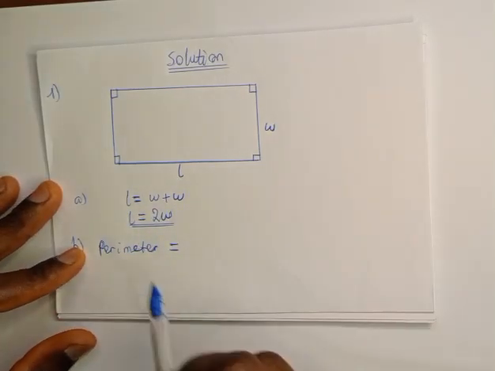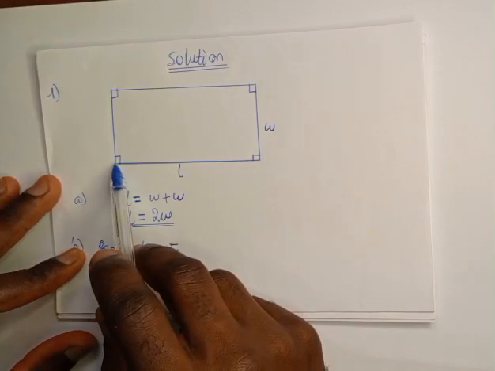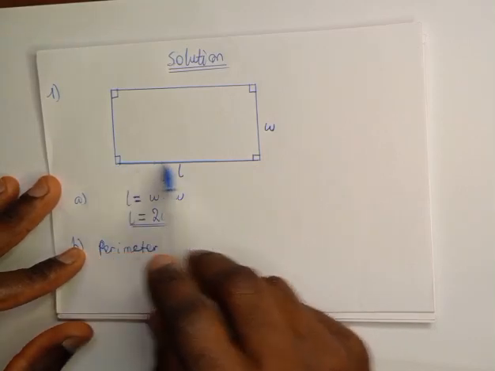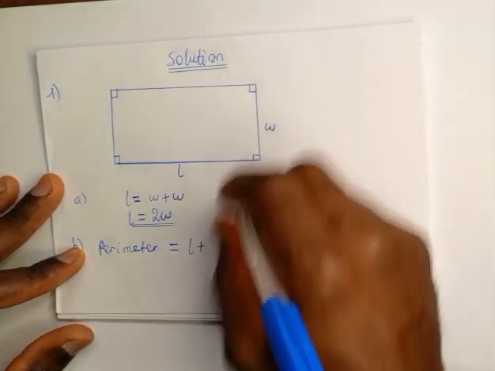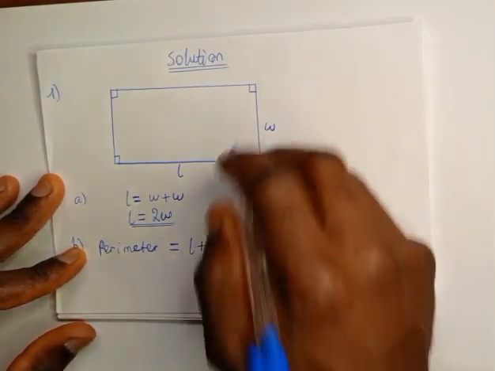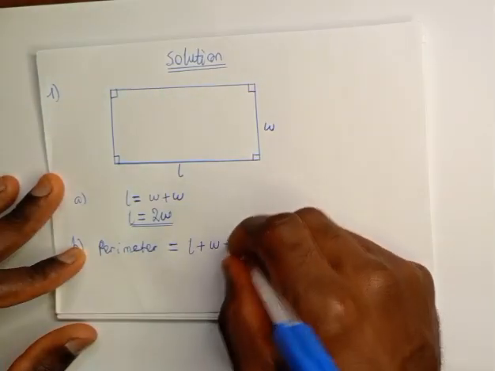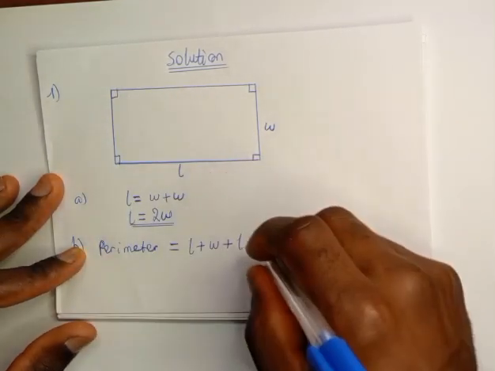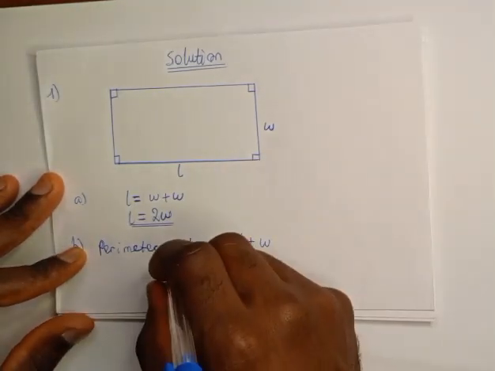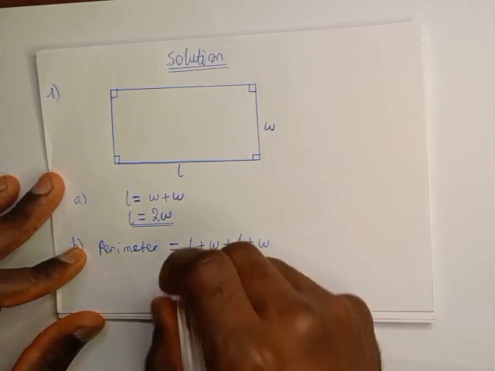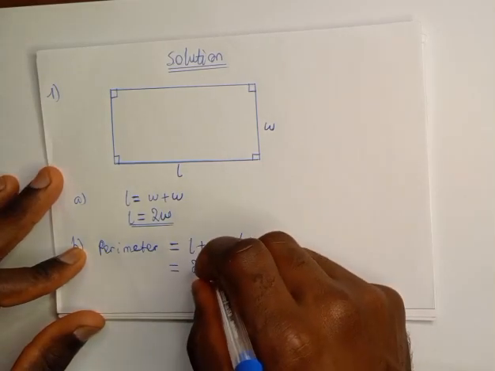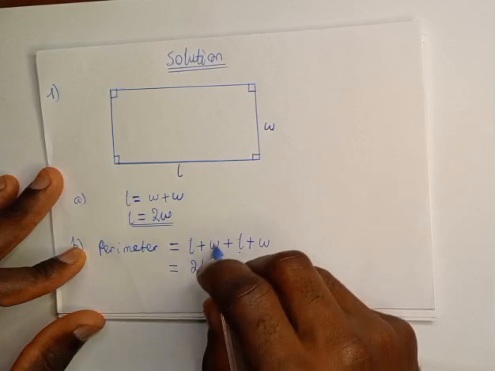The perimeter is simply equal to, we start here, we are going to take this length plus width plus length plus width.